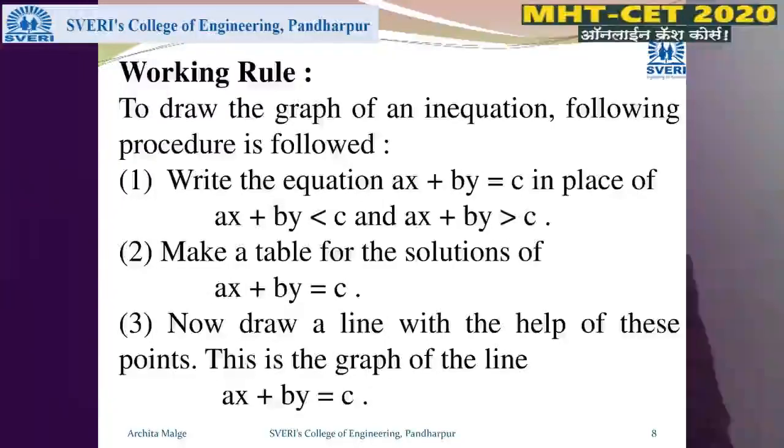Whenever the given inequation is in terms of ax plus by less than c or ax plus by greater than c, put it as ax plus by equal to c, take the solutions of ax plus by equal to c, and by using these solutions we can draw the graph of the line ax plus by equal to c.